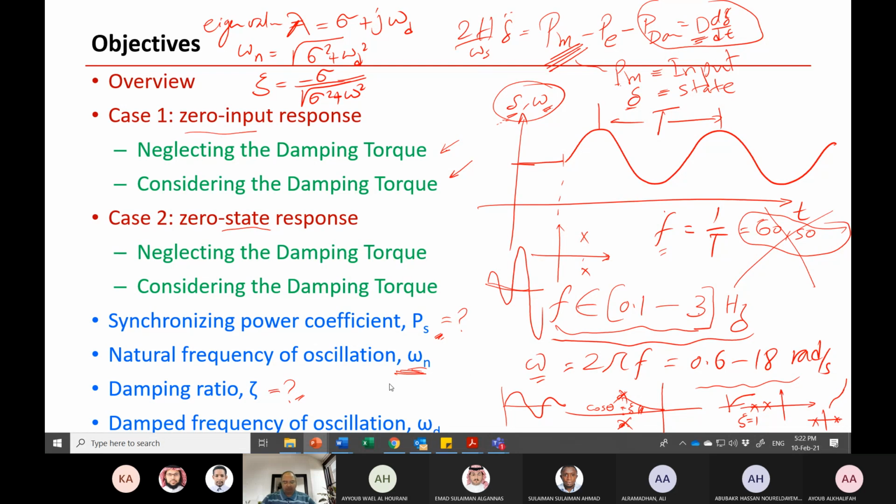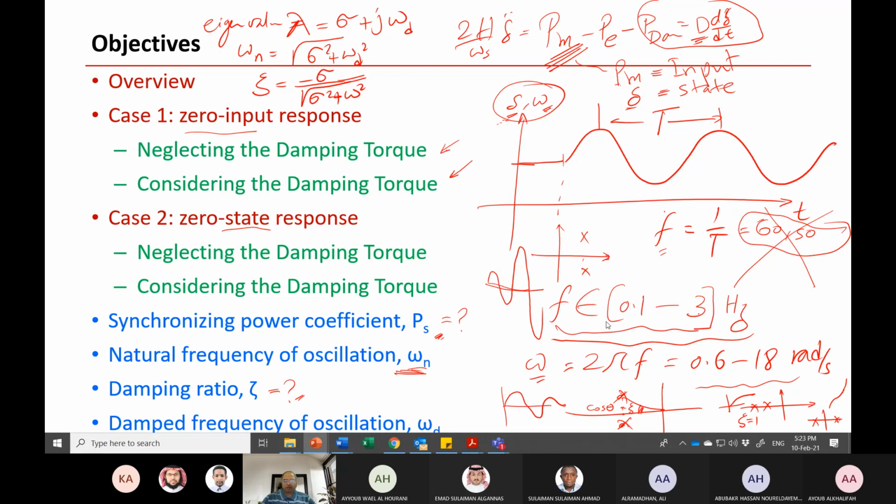As we mentioned, this omega n has nothing to do with 60 hertz and 50 hertz. This is the oscillation of some mechanical quantities, which is delta and omega, related to mechanical part of the machine. So we expect omega to be within 0.6 to 18 radian per second, and also the frequency will be 0.1 to 3 hertz.